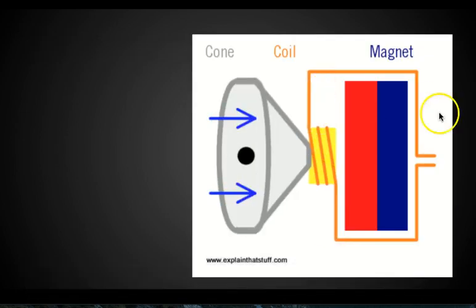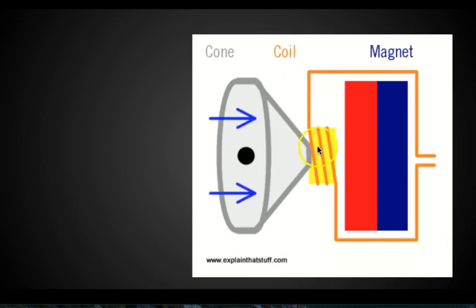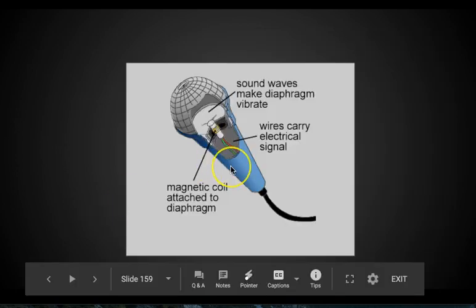So when the circuit is complete, because let's say your iPad is sending an electrical signal to complete the circuit, the electromagnet becomes magnetized temporarily, on and off real quick. It is pushed back because of the magnet, because of the repulsion force, and then when the electromagnet and the magnet move back and forth, they push the cone, which could be made of paper, as I mentioned before, and that pushes air, which makes the sound waves that you hear when you listen to music or any other sound.